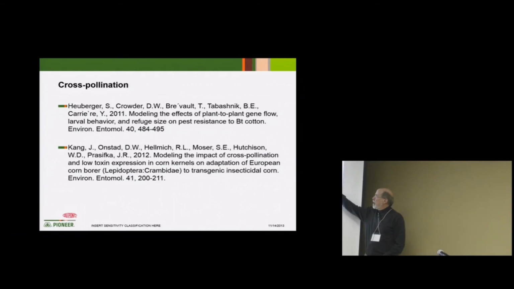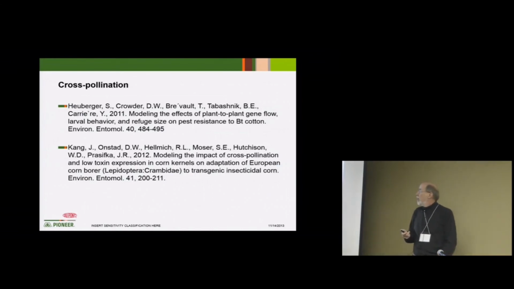So there's work out of Arizona looking at BT cotton, and work out of my group in Illinois on European corn borer on corn. And I'm not summarizing the results of these studies because they're complex. It depends upon the specifics of each insect.